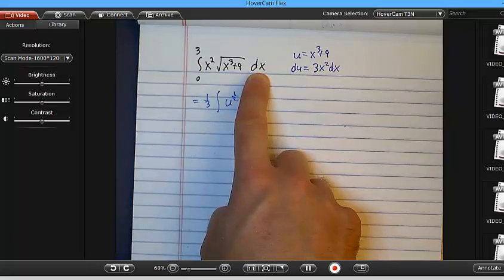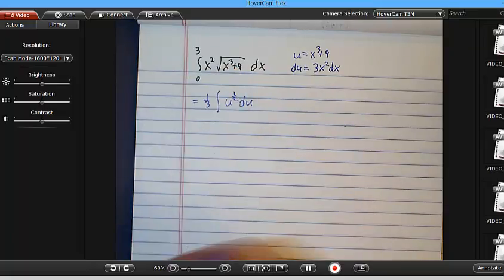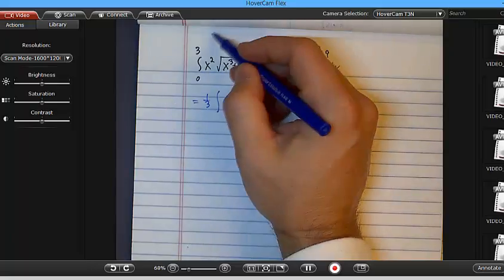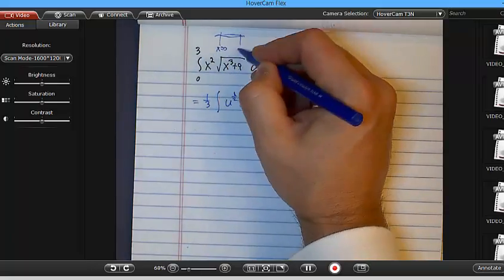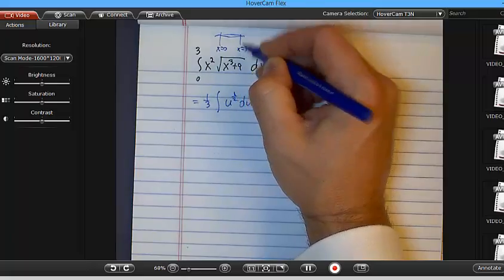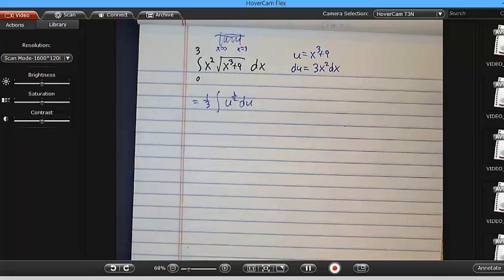Right? Aren't they values of x? They're not u values. I mean, I understand that if I'm finding the area under the curve, whatever the curve looks like, I'm basically going from x equals 0 to x equals 3. I understand that. But u is some, like, foreign world.